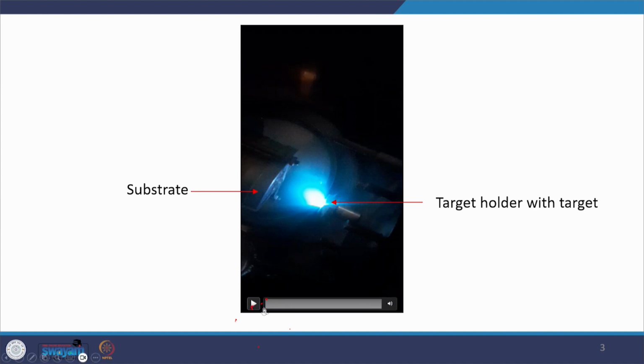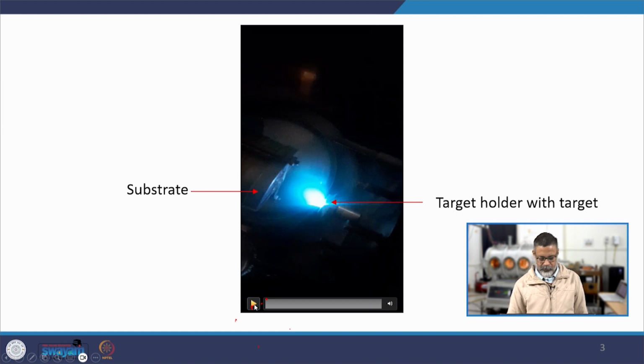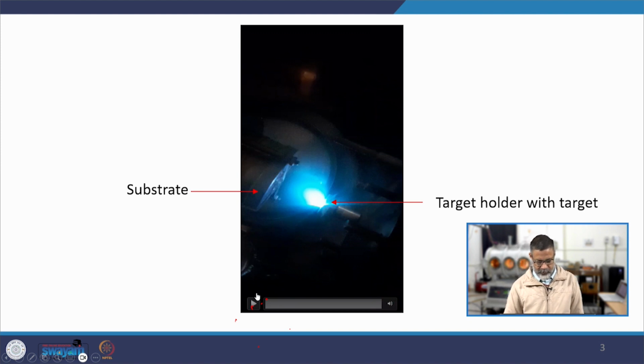The actual fundamental wavelength is 1064 nanometer, but you can use nonlinear crystals to generate the third harmonic, which is 355 nanometer. This is useful for deposition of thin films, and I will explain why this wavelength is useful.